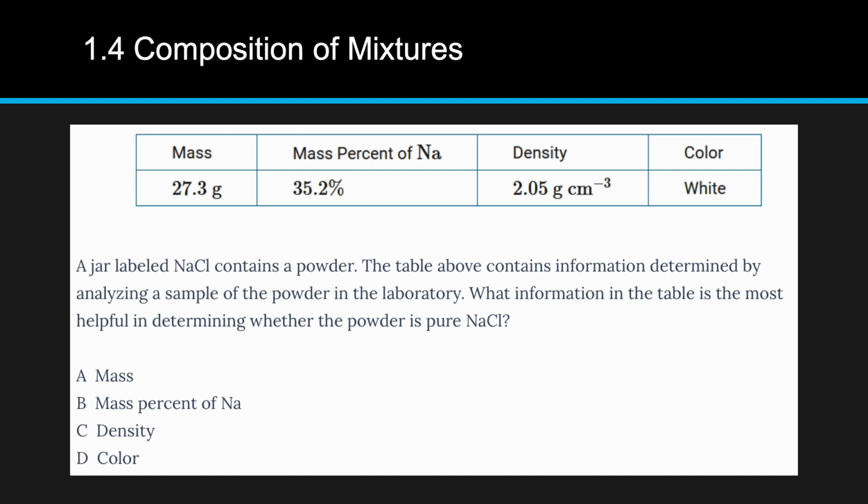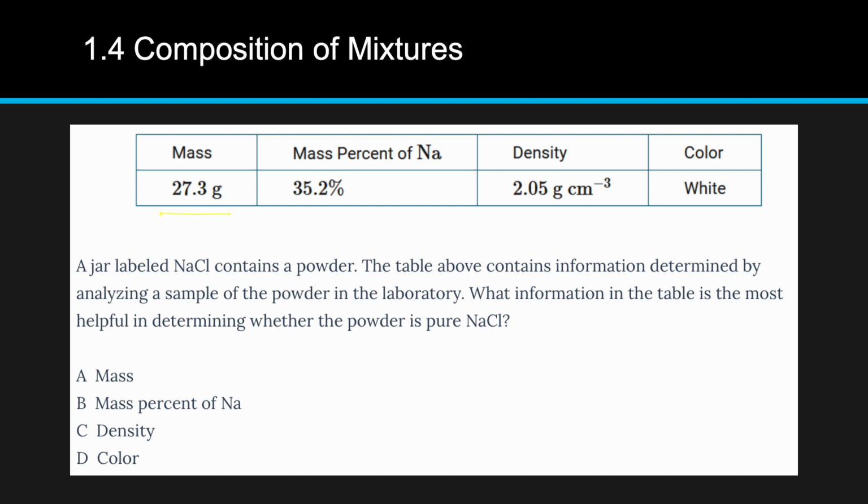So we know from doing these example problems in the past couple slides that in order to solve for whether it's pure NaCl, we have to have some sort of information on the composition of the elements within that compound. So saying that it has a mass of 27.3 grams, that doesn't give us any information because anything can have a mass of 27.3 grams if you make it that way.